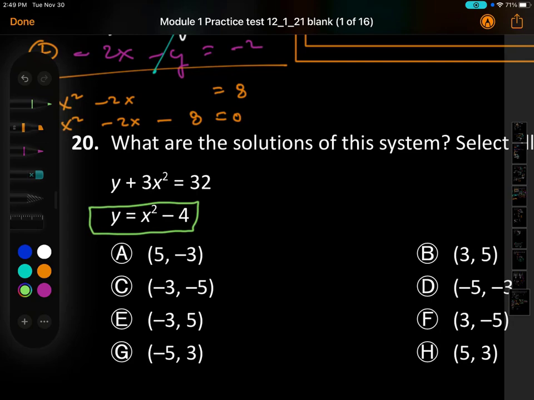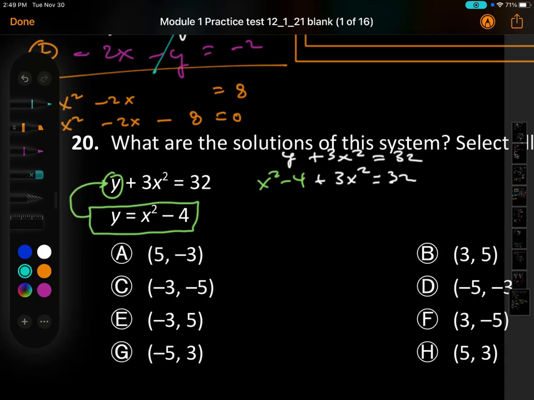Every time I see y, I'm going to write x squared minus 4. I see a y right here, so I'm going to write x squared minus 4. And the other side, everything else is the same. So instead of writing y, the original problem was this, on the first equation, so I'm basically putting the second equation into the first equation.